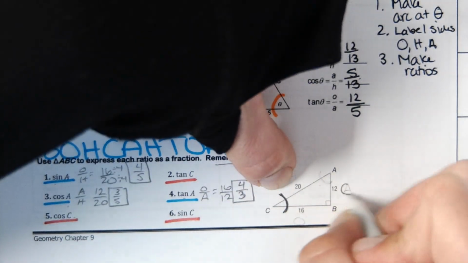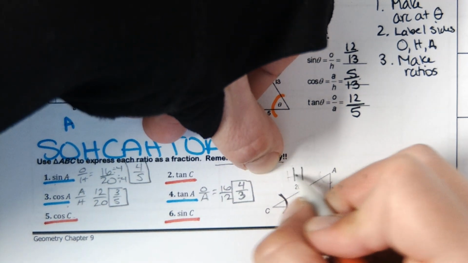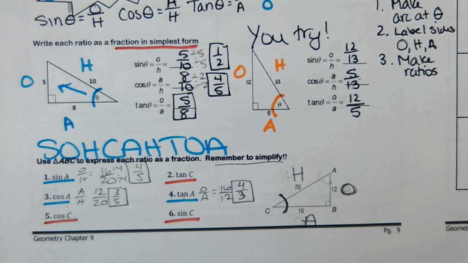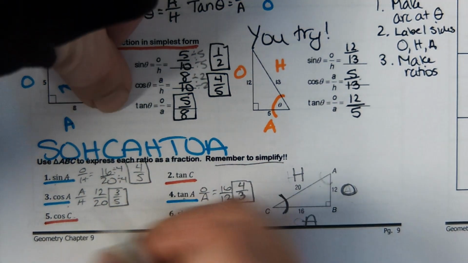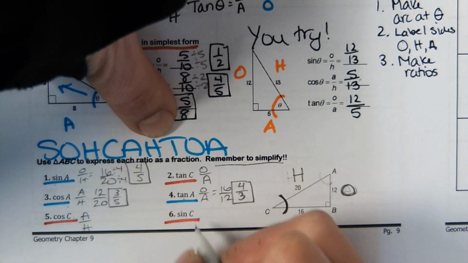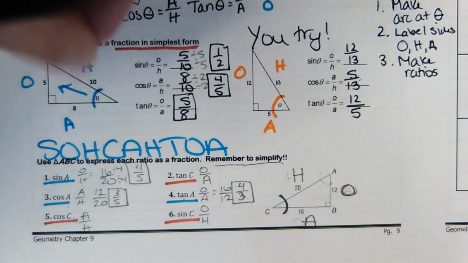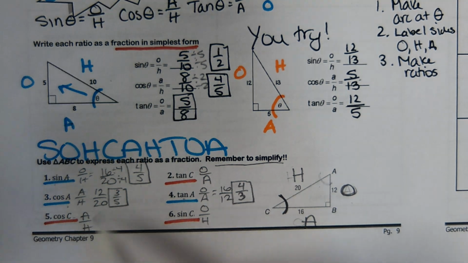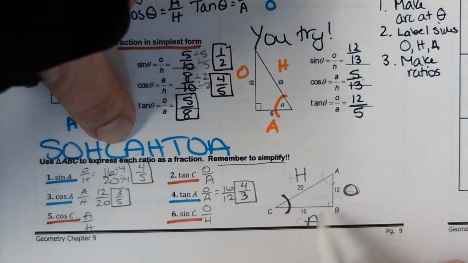So from C, now this is my opposite. This is still hypotenuse, and then this would be adjacent now. So cosine is A over H, tangent is O over A, and sine is O over H.